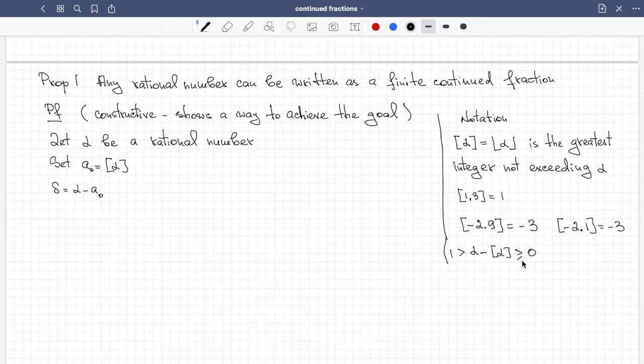But exactly because the integer part of 3 is 3, it may be equal to 0. So that difference is equal to 0 exactly when alpha is an integer.